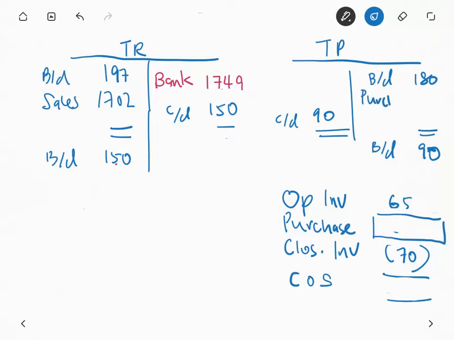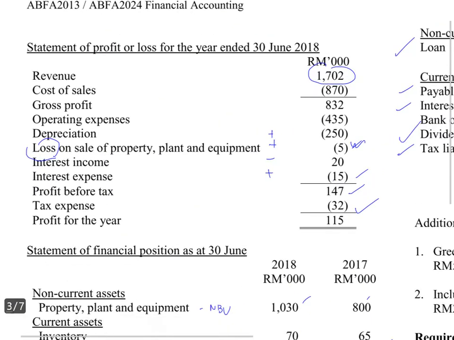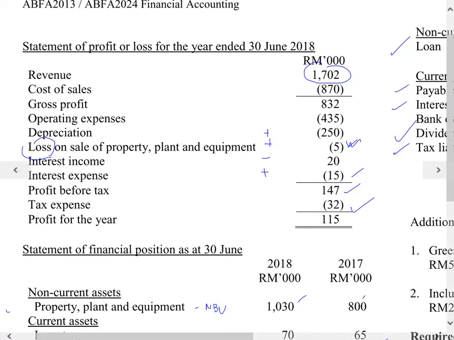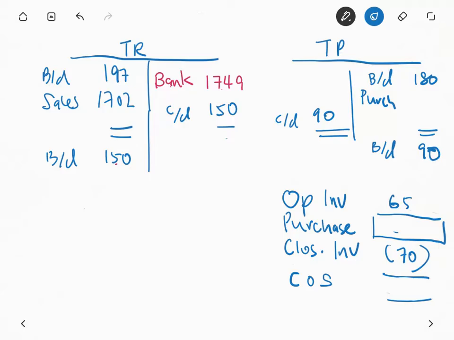You check your SPL. Do we have purchase? No, we have cost of sales. Cost of sales and purchase are different. So can we find purchase from here? Yes, if we use opening and closing inventory. In order to find purchase, we have to use this way.